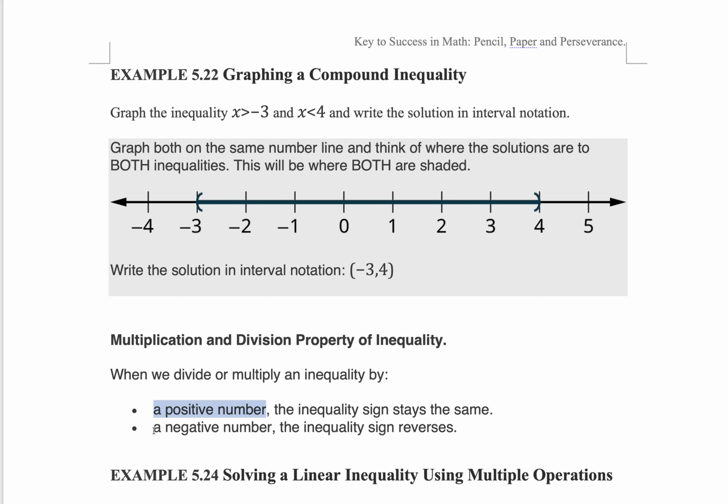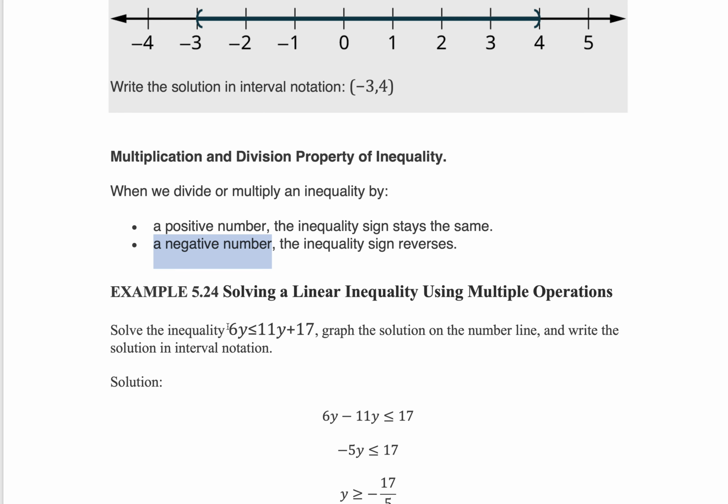When you multiply both sides of the inequality by a negative number, the inequality sign will have to be flipped. The inequality sign reverses, which really means if it's less than, you change it to greater than. If it is greater than, change to less than. This is true when you multiply both sides of the inequality by a negative number.